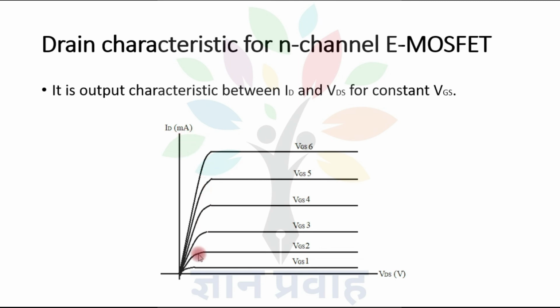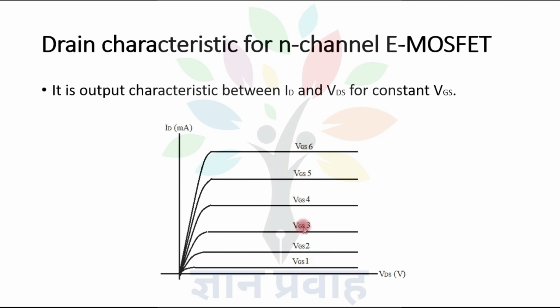One is the ohmic region or linear region. In this region, current ID increases linearly when we increase VDS voltage. Second region is the cutoff region, when ID current is 0. And third region is the saturation region, when current is saturated. This region is useful for amplification purpose.